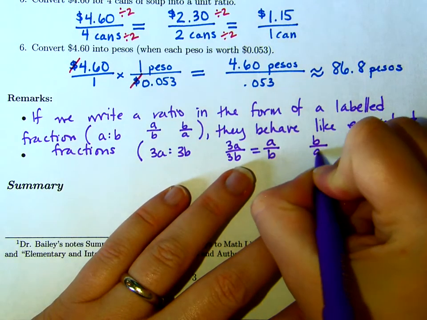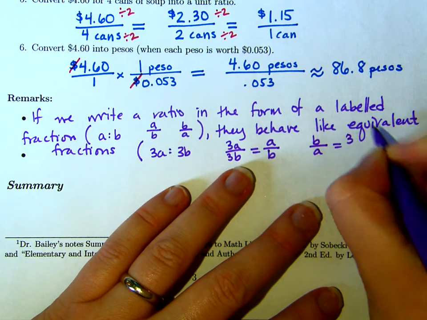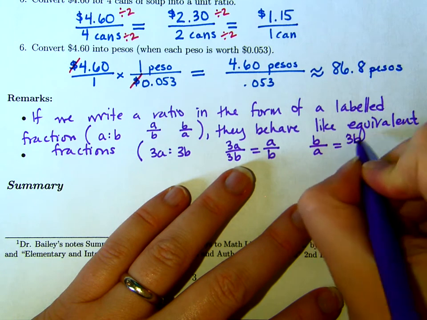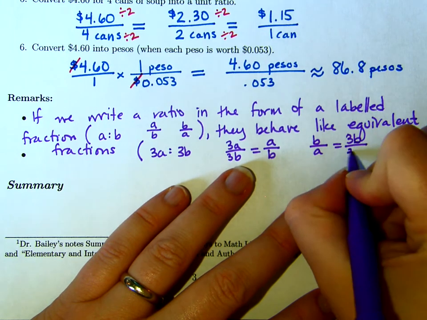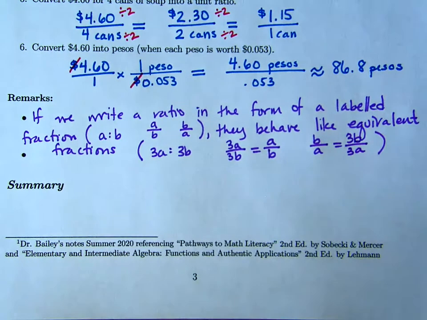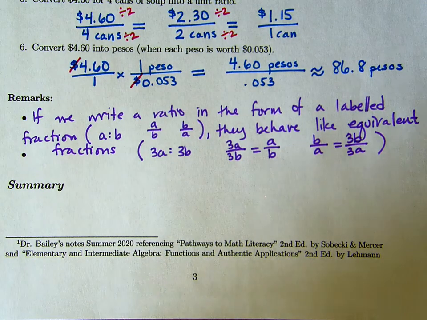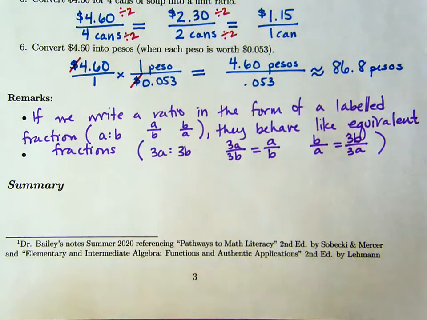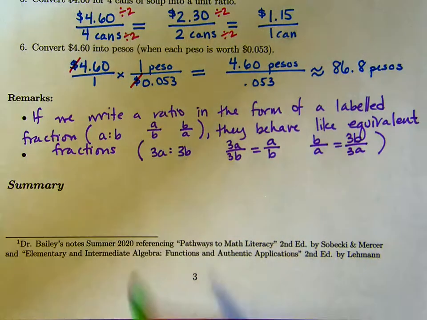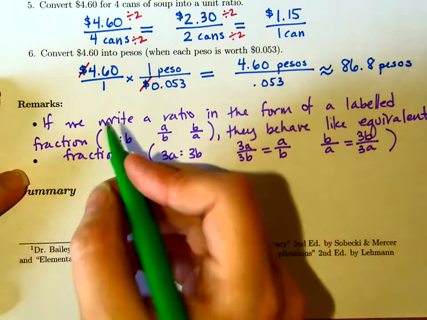So if we have B to A, that would be equivalent to scaling them up by 3, 3B to 3A's. So ratios behave very similarly to equivalent fractions. And this is super important.